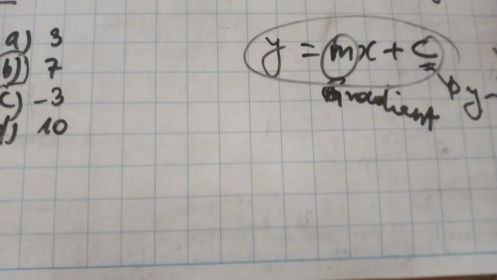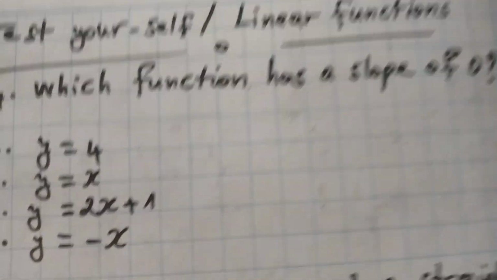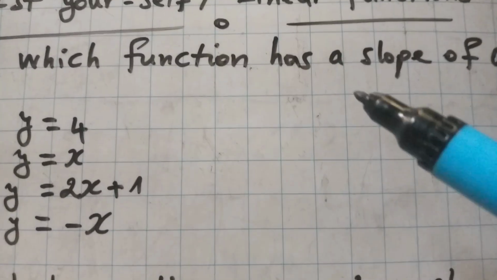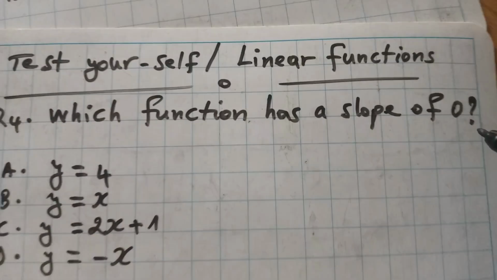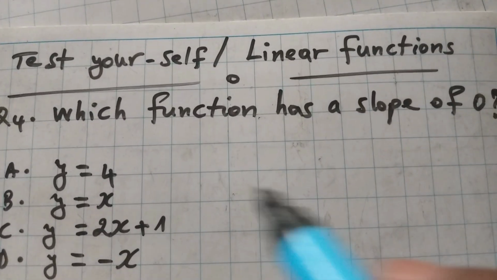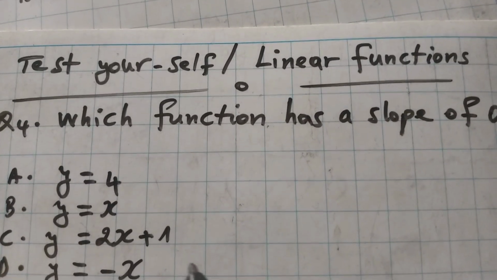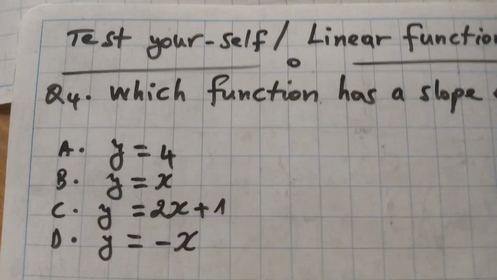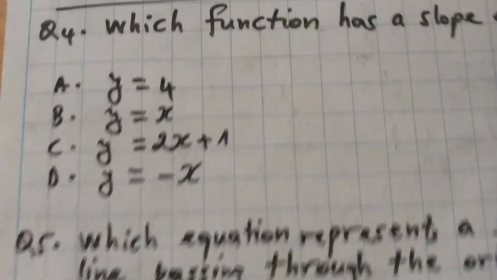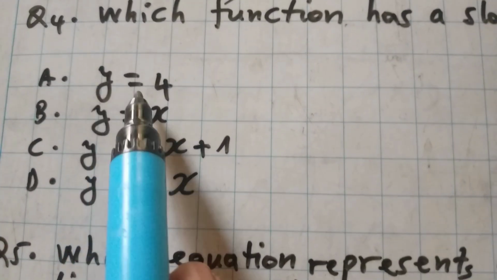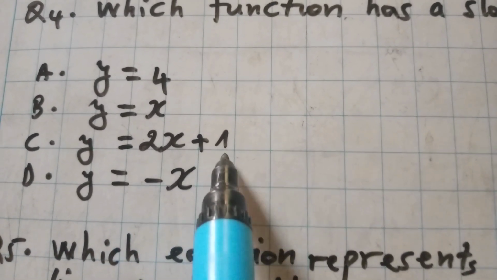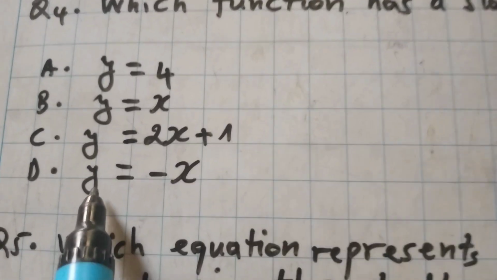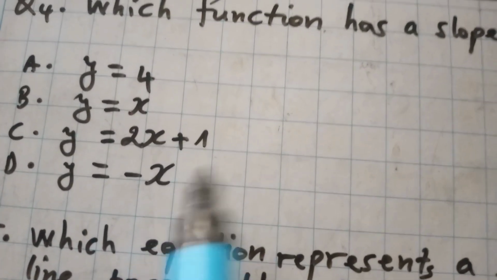Okay, let us deal with question number 4. Which of the following has a slope of 0? We have different equations: A, y equal 4; B, y equal x; C, y equal x plus 1; and D, y equal negative x.